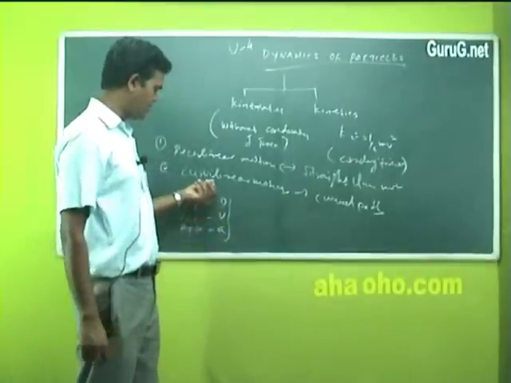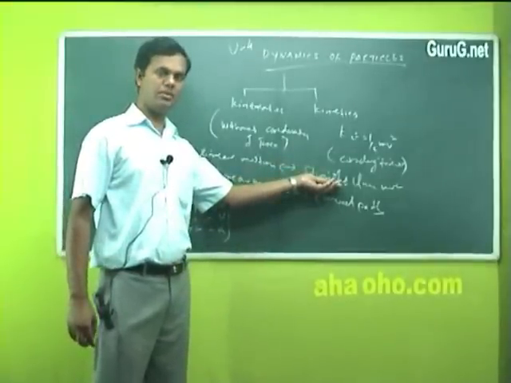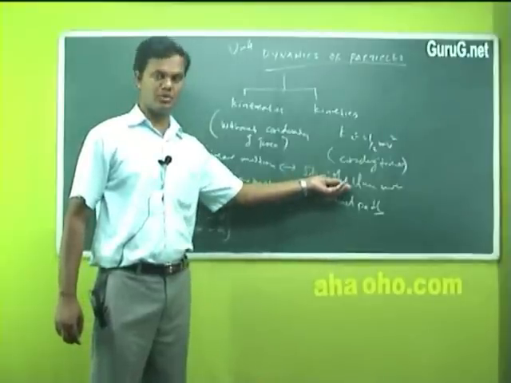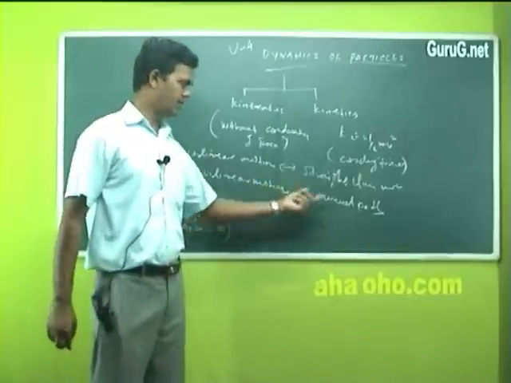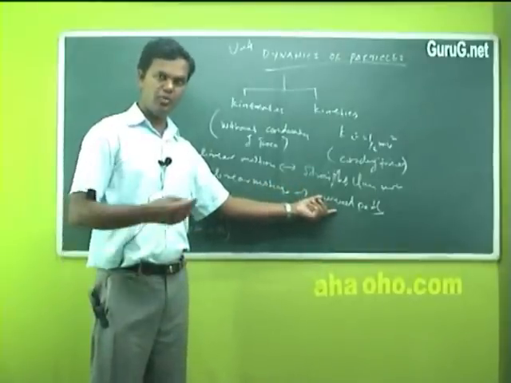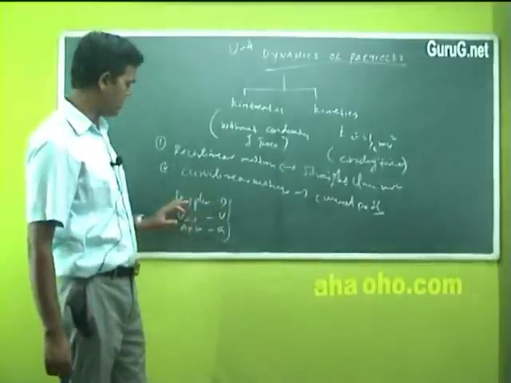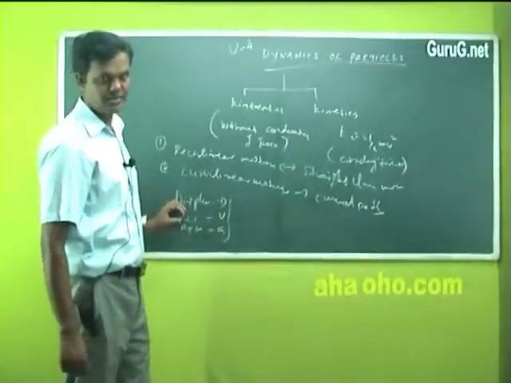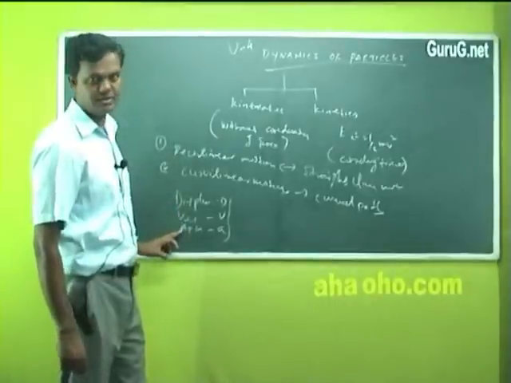So finding displacement, velocity and acceleration when the body is subjected to straight line motion is called rectilinear motion, and when the body is moving in a curved path, that's called curvilinear motion. So what is displacement? Basically velocity and acceleration are the rates of change of displacement.